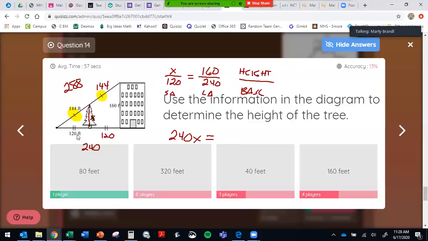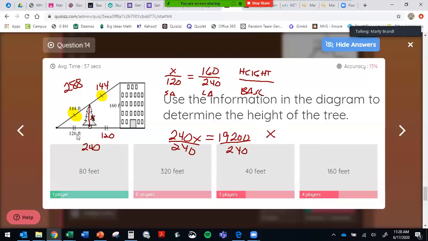So 120 times 160, holy cow. Okay, 19,200. And then divide by 240. You could also have canceled out some of those zeros to make life a little easier.